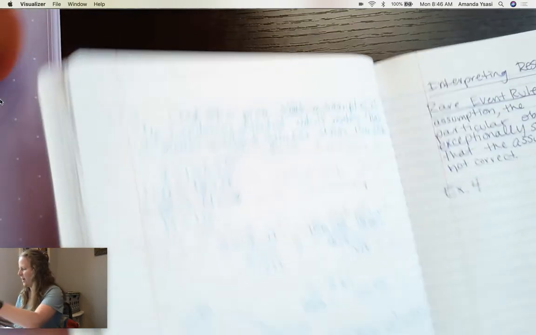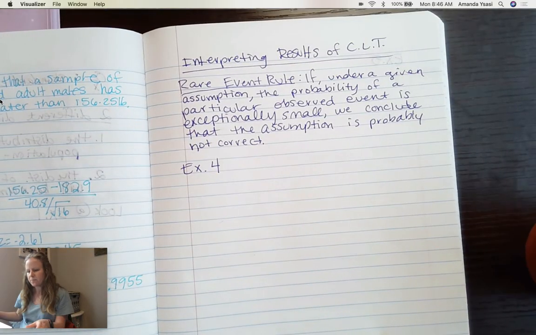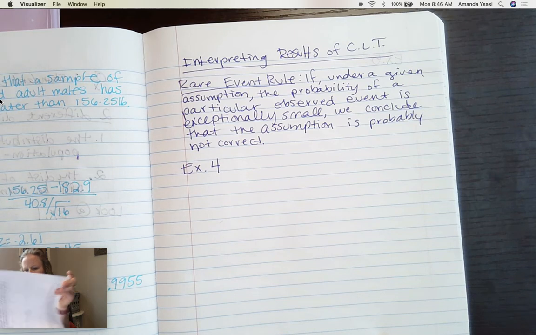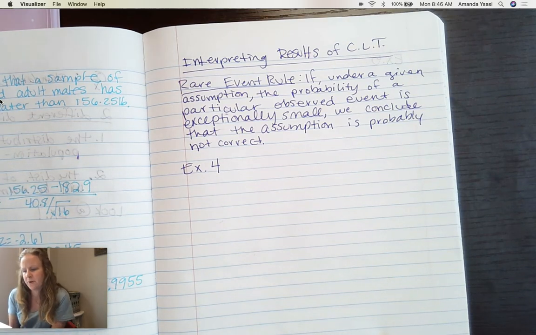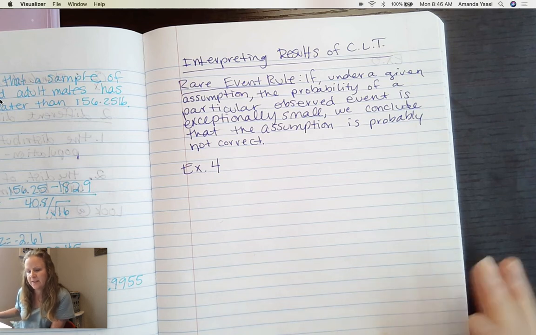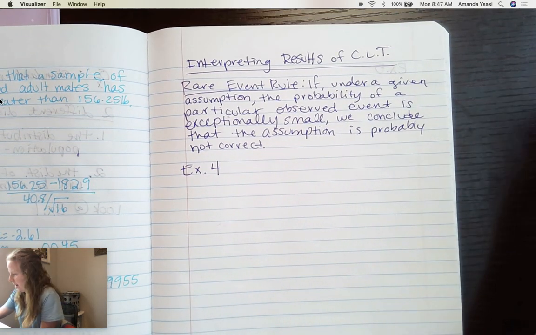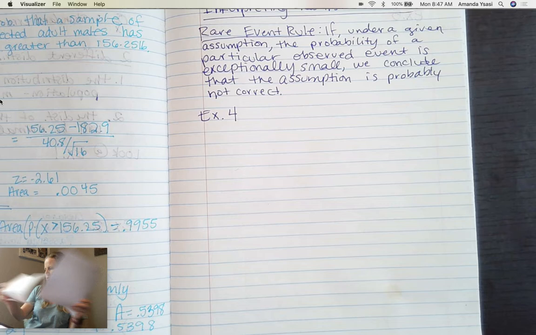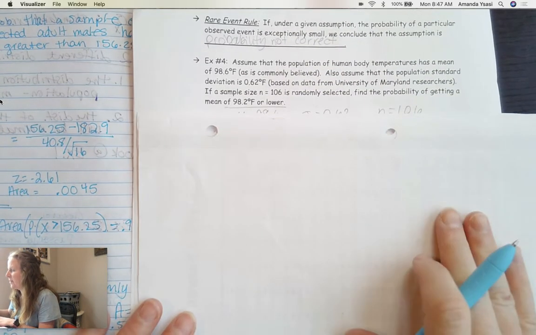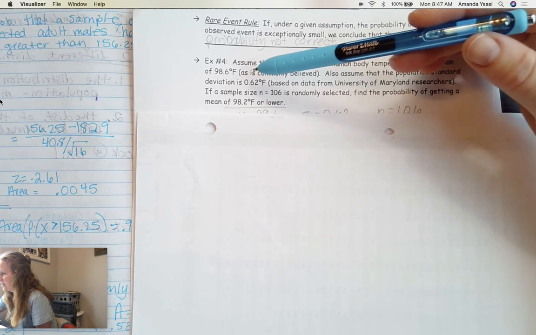Okay, let's talk about the rare event rule, interpreting results of the central limit theorem. If under a given assumption, the probability of a particular observed event is exceptionally small, we conclude that the assumption is probably not correct. Okay, so example 4: assume that the population of human body temperature has a mean of 98.6, as it is commonly believed.